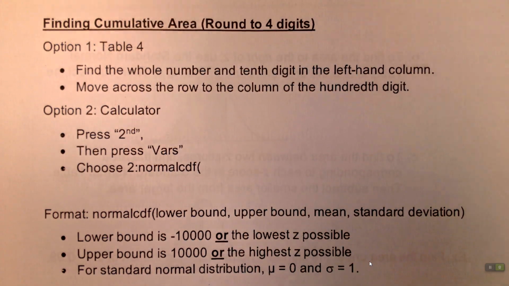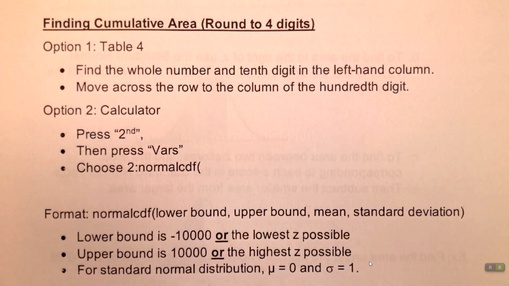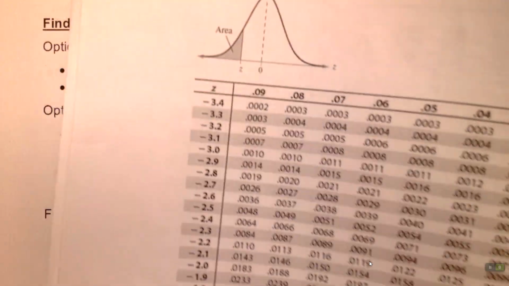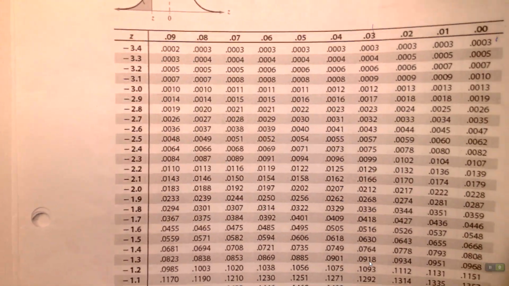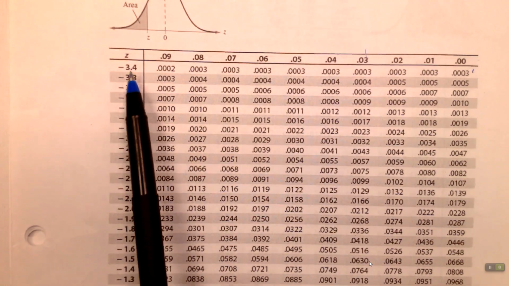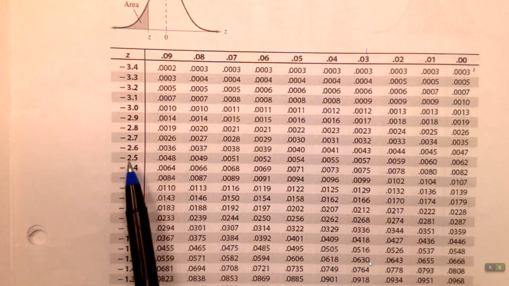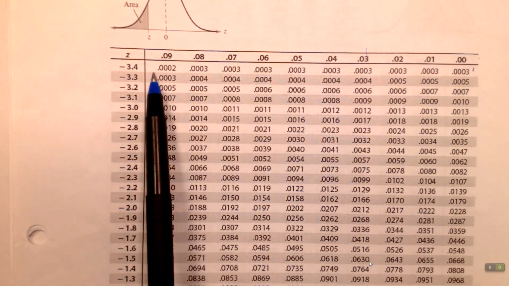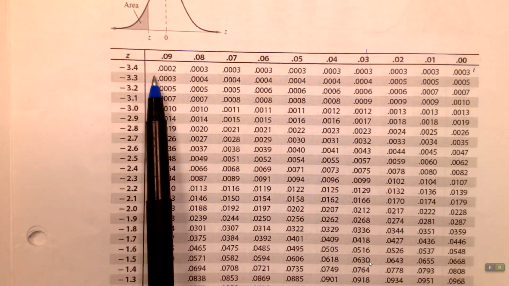Okay, so let me show you. They're going to give you the z-score. This is the negative side that I'm working with first. Remember, negative z-scores means that my area is going to be between 0 and 0.5.